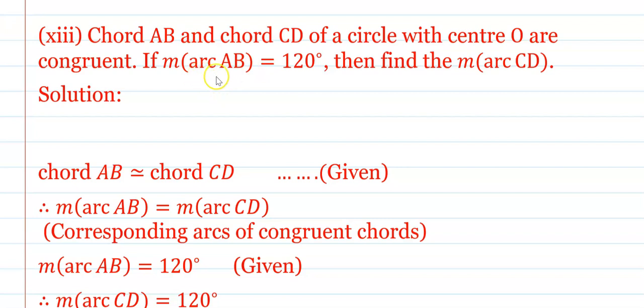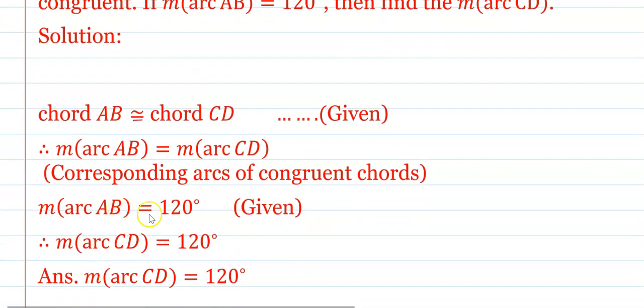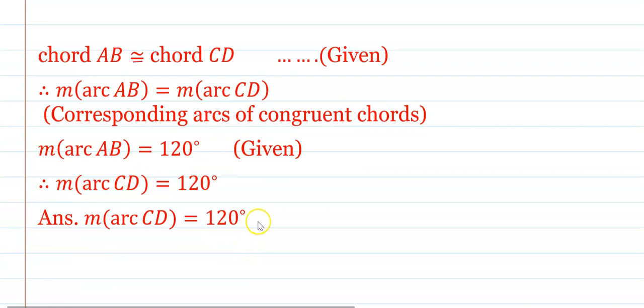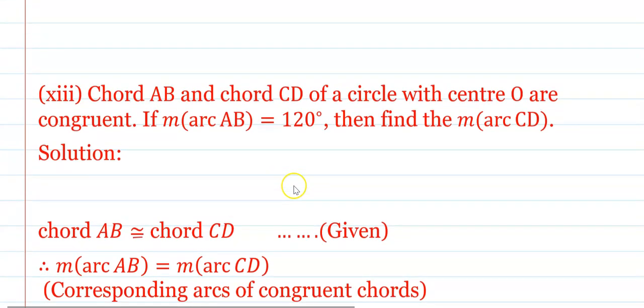And therefore measure of arc CD is also 120. Chord AB is congruent to chord CD, that's given. Therefore measure of arc AB is equal to measure of arc CD, corresponding arcs of congruent chords. The measure of arc AB is given as 120, and therefore measure of arc CD is also 120, and hence that is the answer.